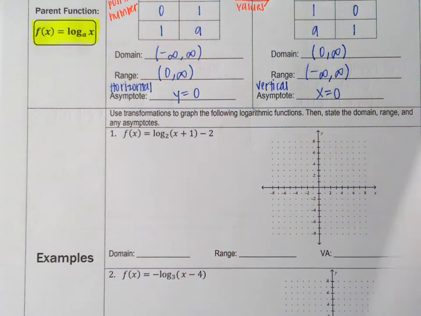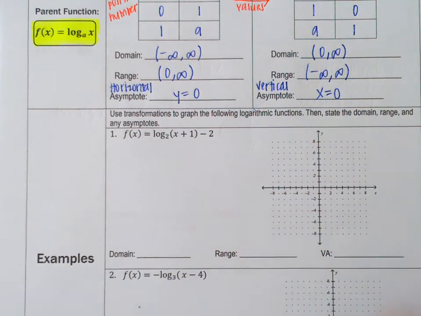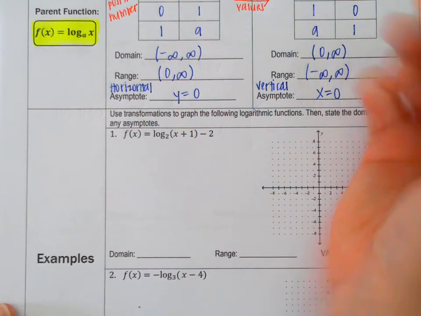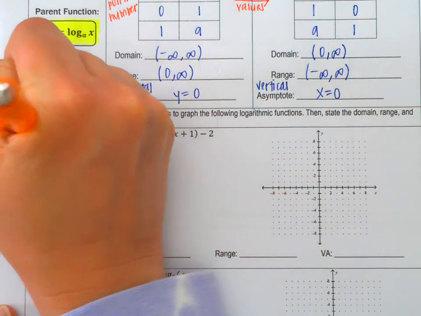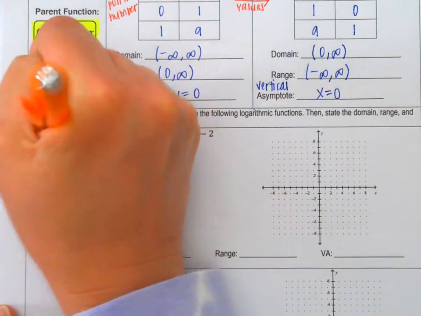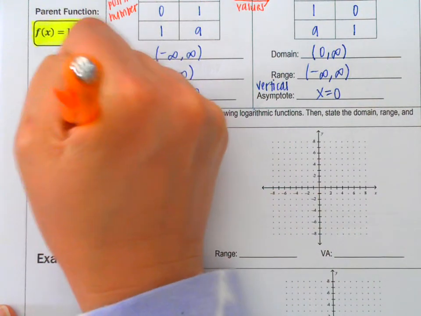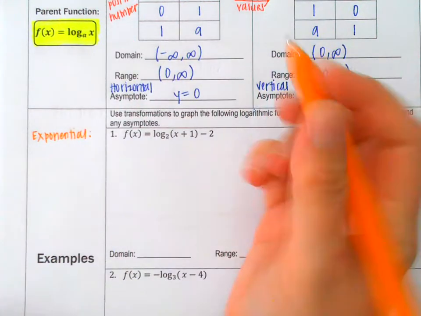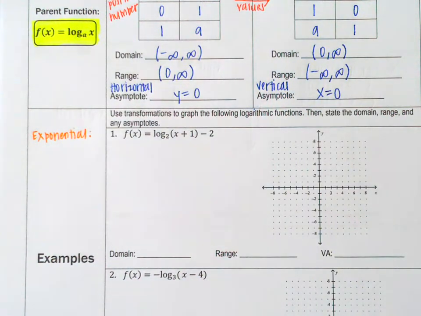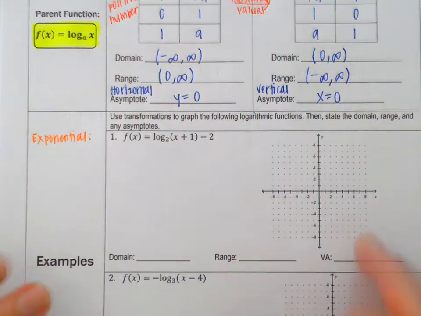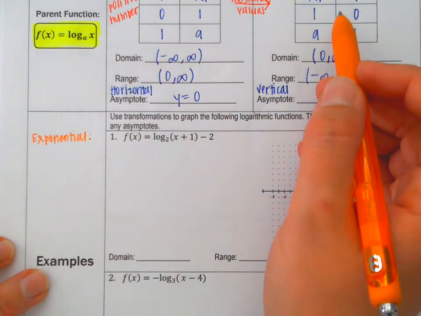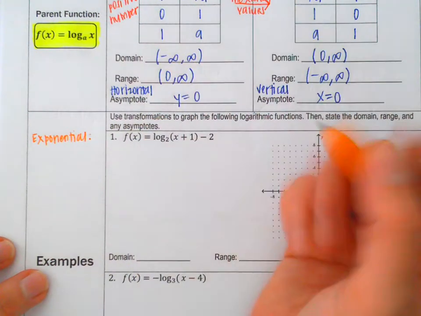So my first problem is log base 2 of x plus 1 minus 2. I look at the base and I think, what's the base here? The base is 2. And as an exponential, and this is the part that's optional, because a lot of people don't like to memorize that extra parent function table, they just want to memorize this one, which is fine.